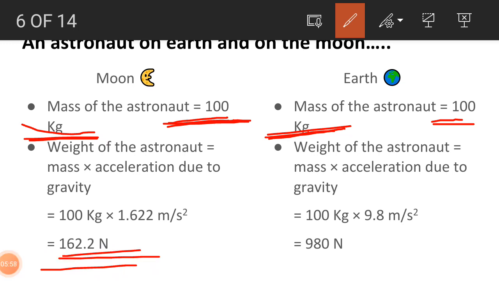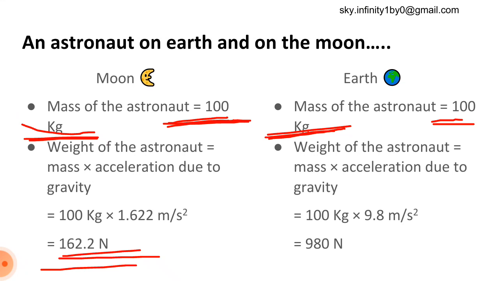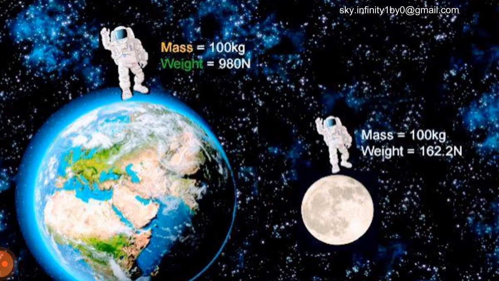On the moon, the weight of that astronaut is 162.2 newtons, whereas on earth it is 980 newton. So this typical example shows us the difference between mass and weight. Weight keeps on changing depending on the location. Through this image, you can see that mass of the astronaut on Earth and Moon is the same, but weight differs.